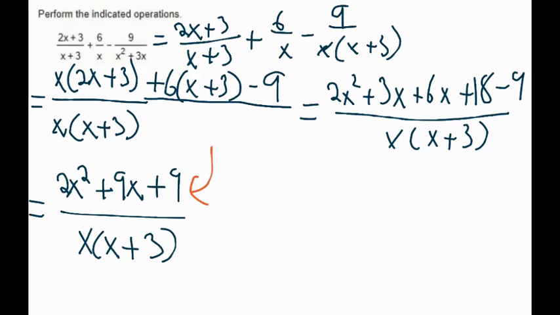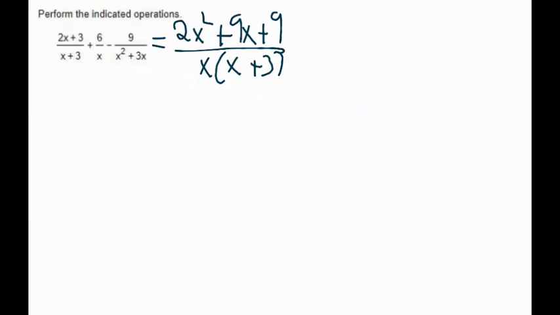So I'm going to erase this and bring it up here so we have a little more room to work. Okay, I've rewritten it up here. Now we're going to try to factor this numerator and see if anything cancels out. Since our leading coefficient is not 1, let's use the AC method. AC equals 2 times 9 equals 18.